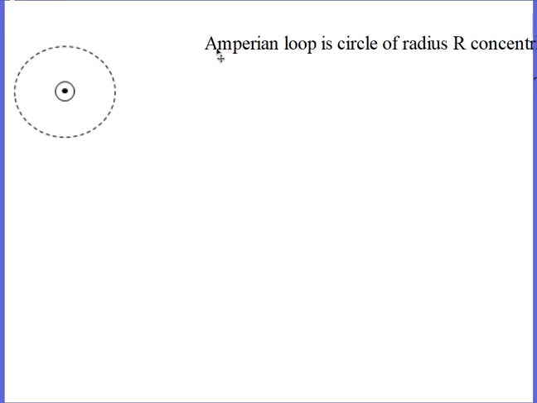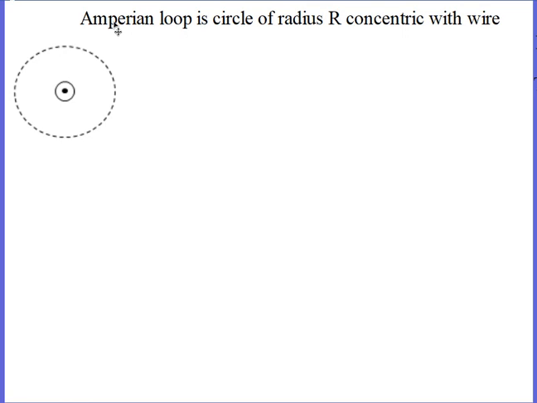So I start with a current, and I'm interested in the magnetic field. And the first thing I do is to draw an Amperian loop around that current. I'm interested in the magnetic field out here, but I draw a loop which passes through the place where I want to know the magnetic field.